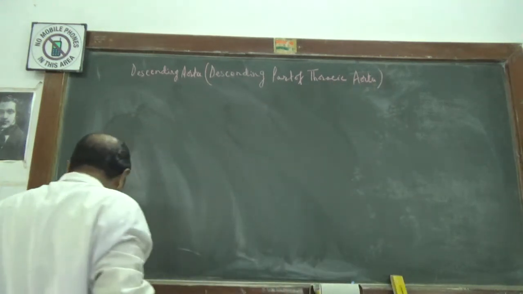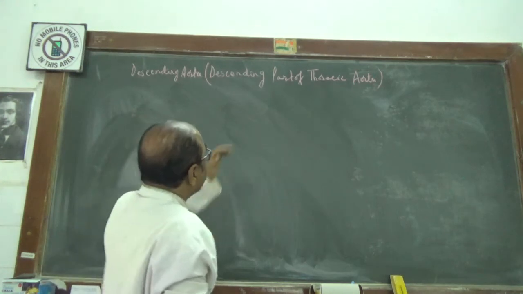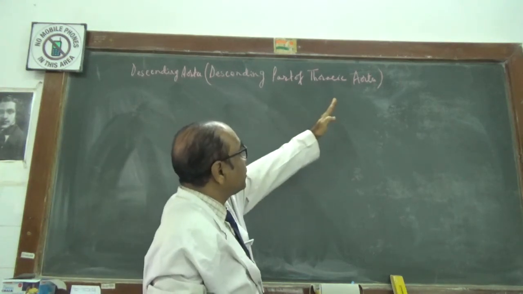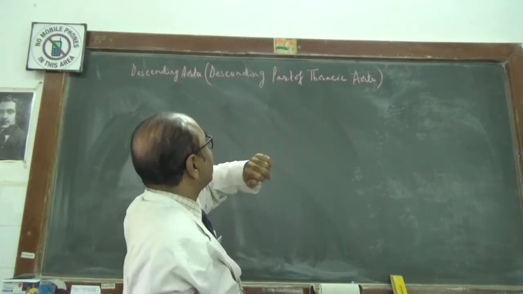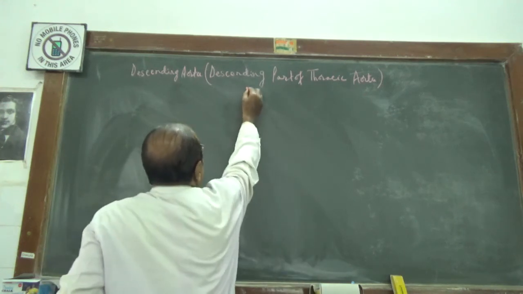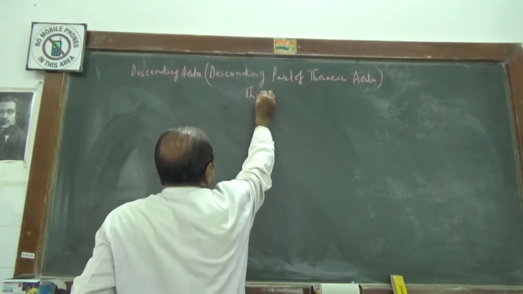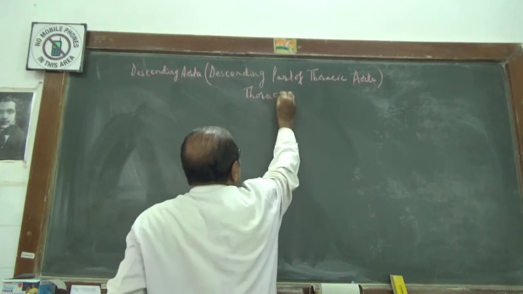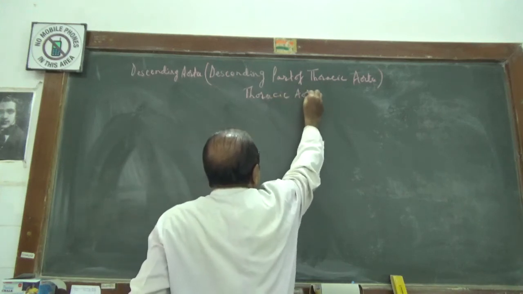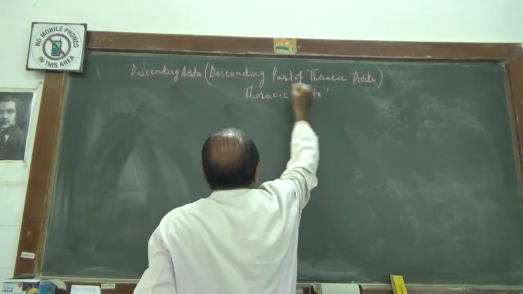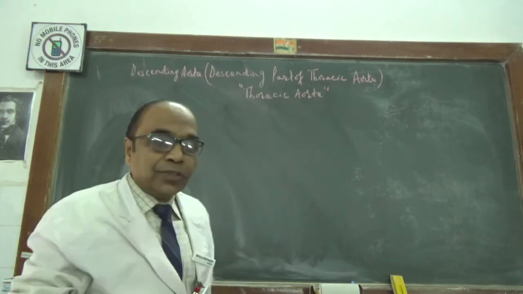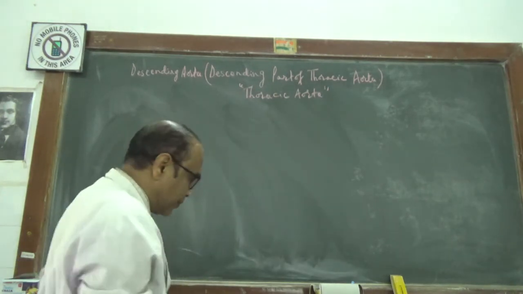Now this descending aorta is called as thoracic aorta because it will be there in the thorax. So thereby another name, thoracic aorta.